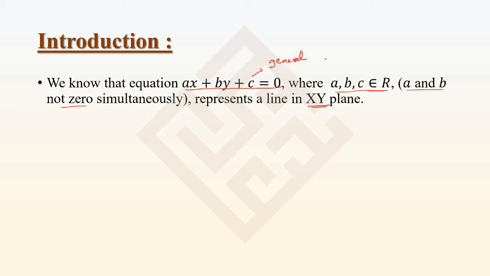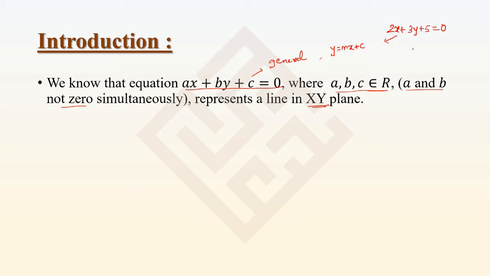Then we have seen another equation of the line, that is the equation of the line in the standard form. We can say y is equal to m into x plus c is called the standard equation of the line. Any equation given in this form, say suppose you are given the equation 2x plus 3y plus 5 is equal to 0, can be brought into the standard form.